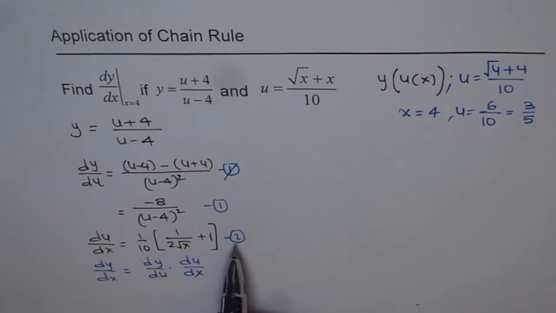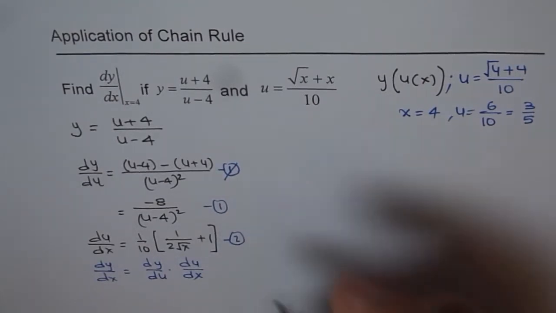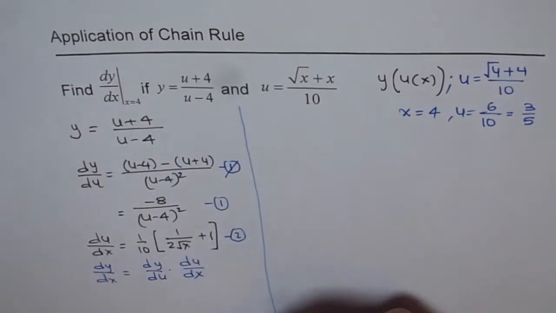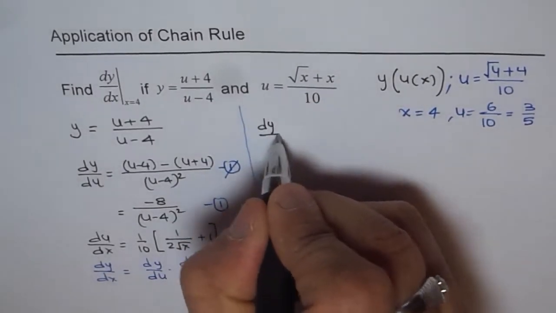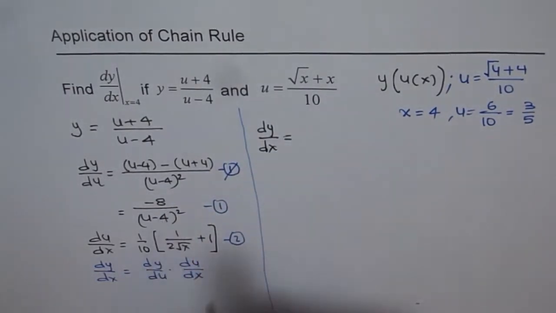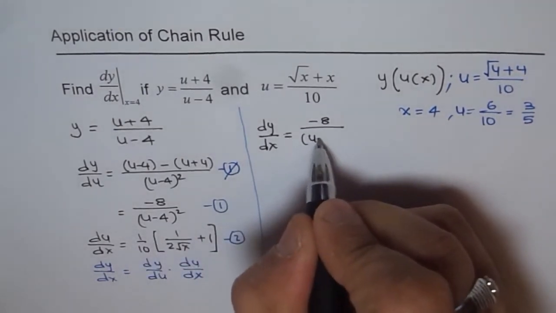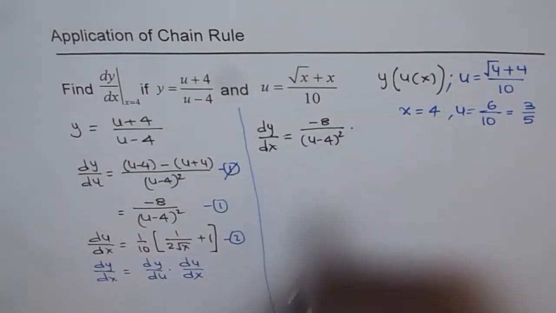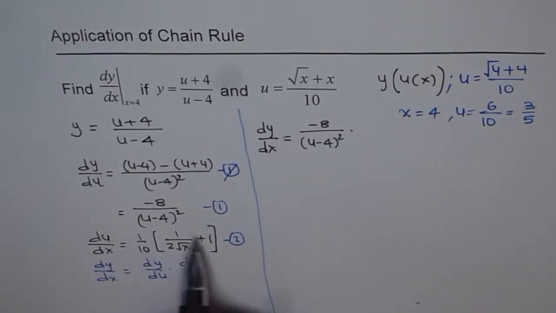We'll use equations 1 and 2 and get dy dx, correct? So let me do it on this side of the page. We have dy dx equal to dy du, which is minus 8 over (u minus 4) whole square, times du dx, which is 1/10 of all this, right?